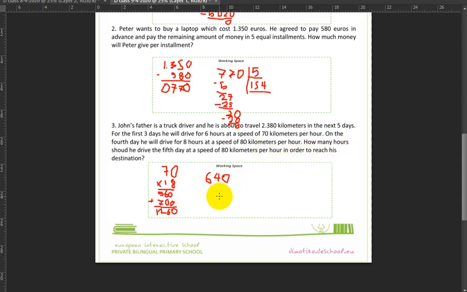Well, we first need to figure out how many kilometers he has left to travel. So we need to add all of the kilometers that he's already done, so 640 plus 1,260, and then see how many he has left to go.